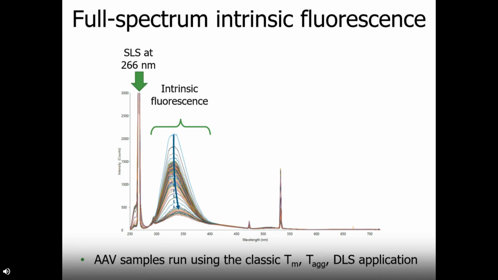So that blue arrow and dashed line are meant to guide the eye to this redshift by showing you where the true vertical is and then showing you where the peak of each of those distributions is. Also note that you can see the SLS signal from both the 266 nanometer and the 473 nanometer lasers on this fluorescence trace.